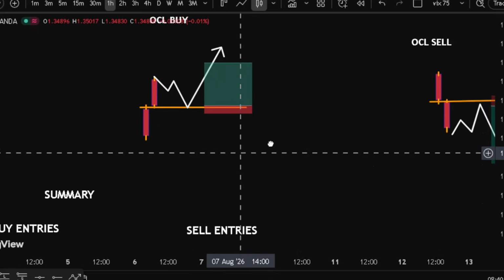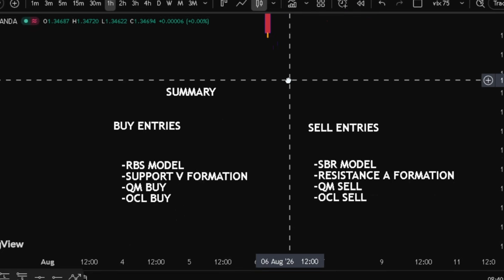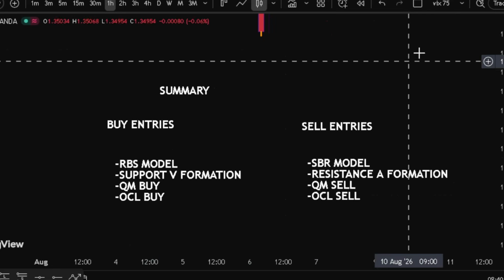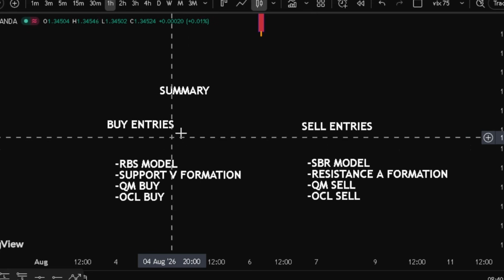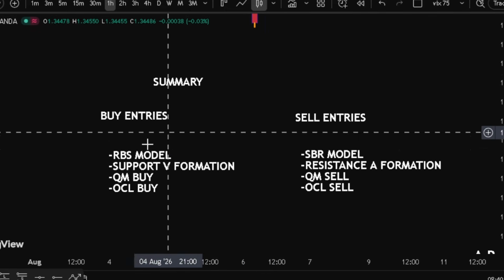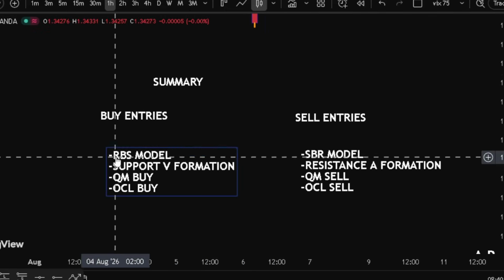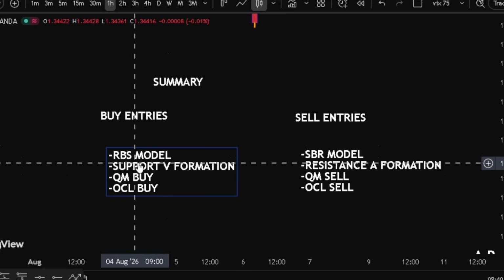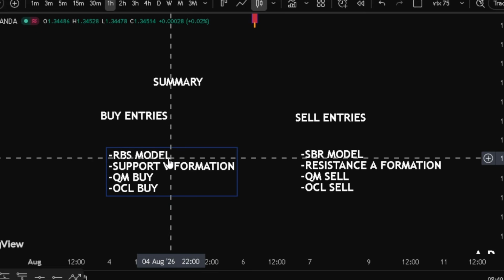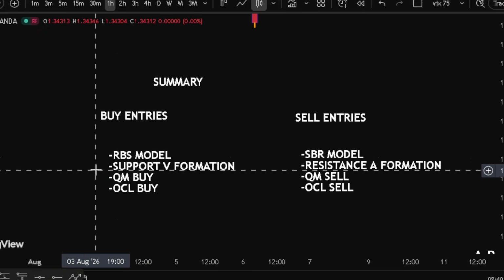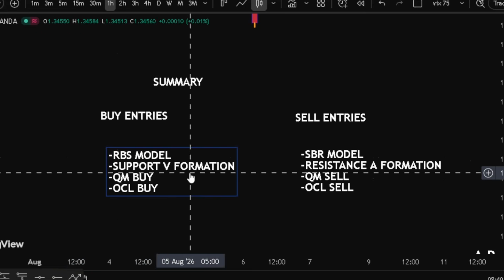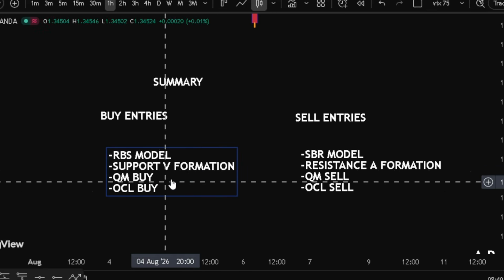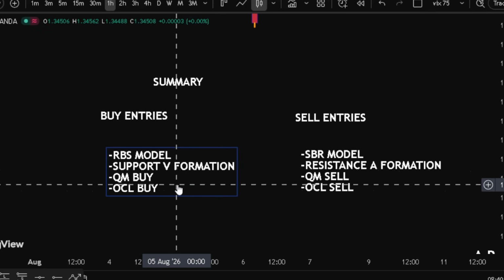So in summary of all that I've shown you, for buy entries, you can go ahead, take a screenshot of this. For buy entries, we go with the RBS, whereby the resistance now becomes our support. And also we get to use the support V formation, the QM buy, the OCL buy.